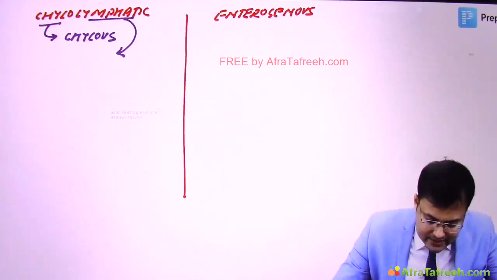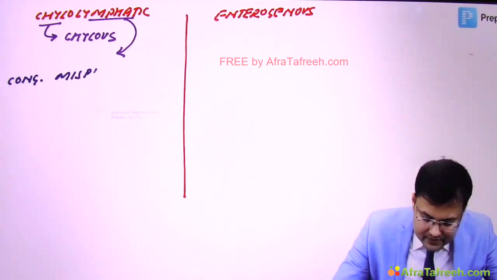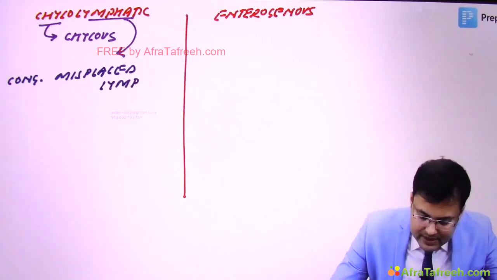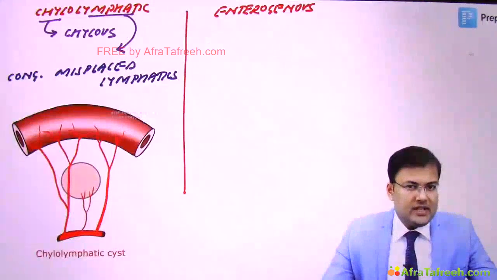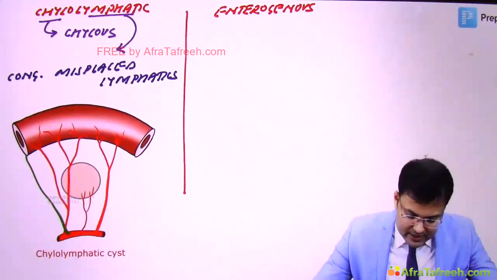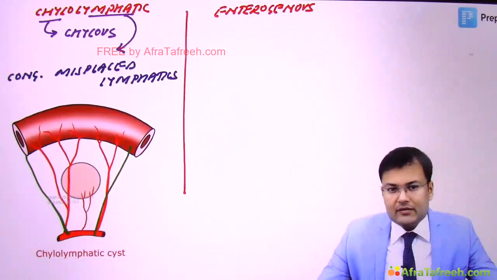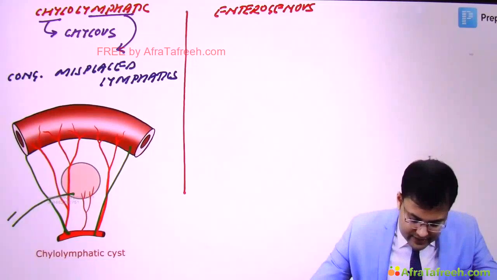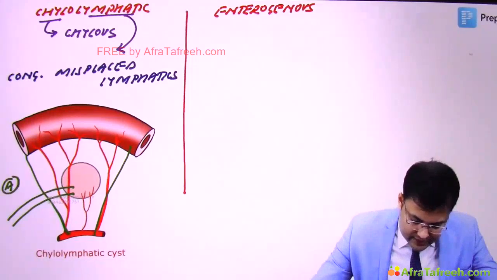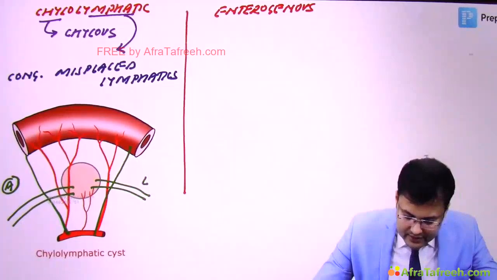It's characterized by congenitally misplaced lymphatics. Clear? What is mesentery? Mesentery is the lymphovascular supply of the bowel. Here you can see there is afferent lymphatics, and this is the efferent lymphatics.